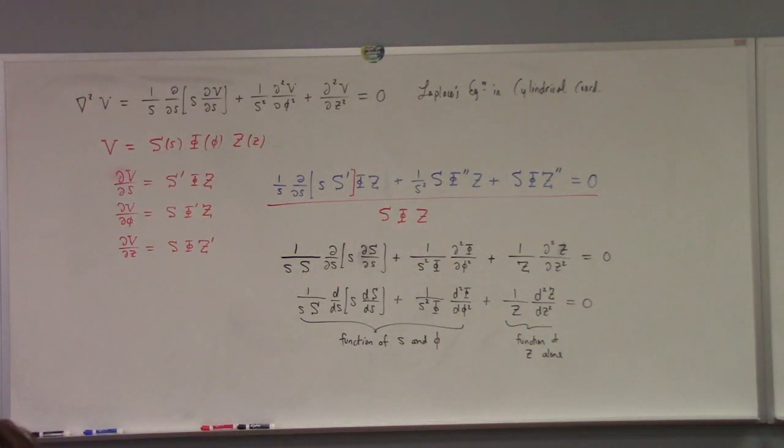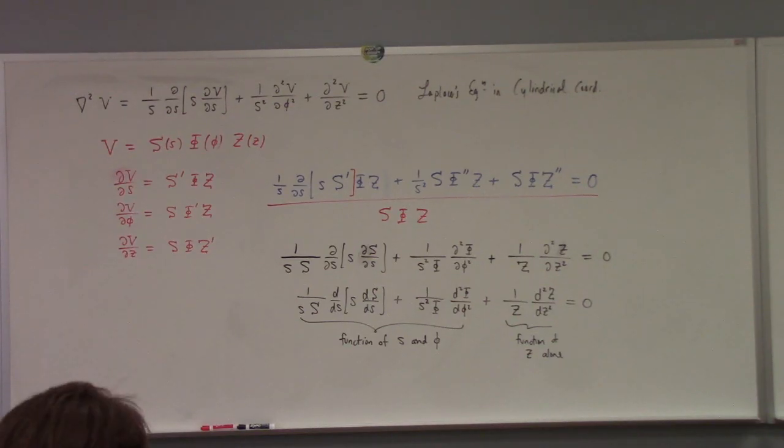We have the Laplacian of the potential is 1 over r squared, partial r, of r squared, partial V, partial r, plus 1 over r squared sine theta, partial theta of sine theta, partial V, partial theta, plus 1 over r squared sine squared theta, partial squared V, partial phi squared.